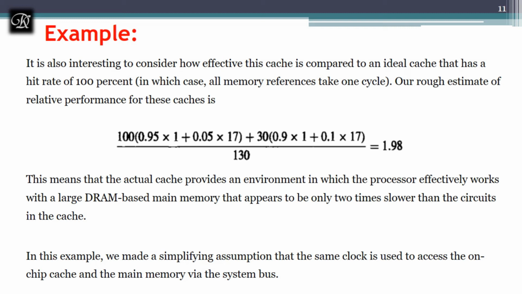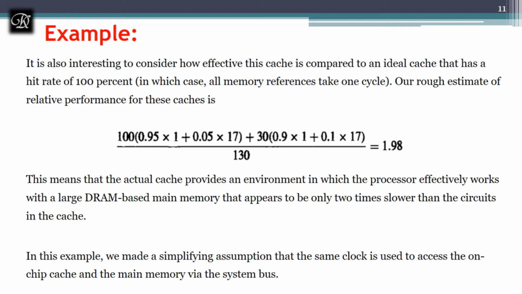So it is still 1.98. This means that the actual cache provides an environment in which the processor effectively works with a large DRAM-based main memory that appears to be 2 times slower than the circuit in the cache, which works with the processor. So with the cache it is faster.